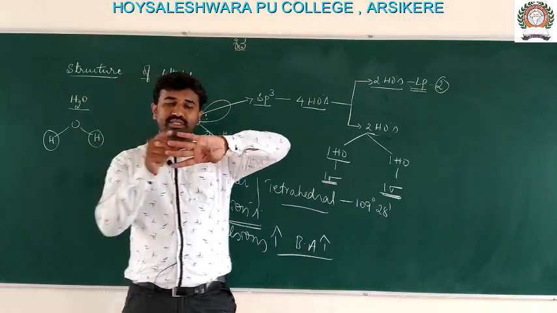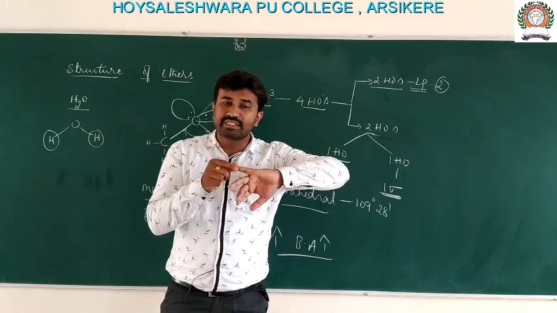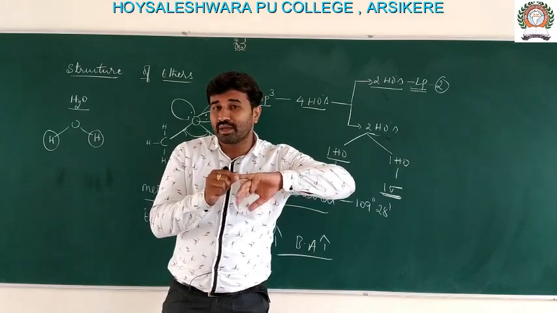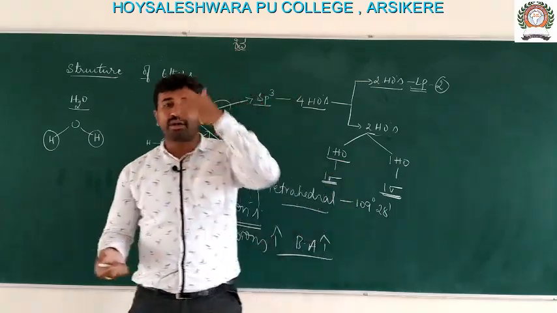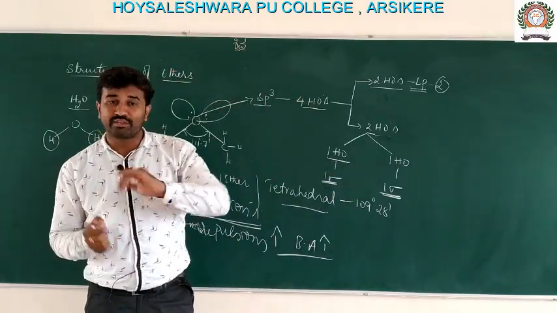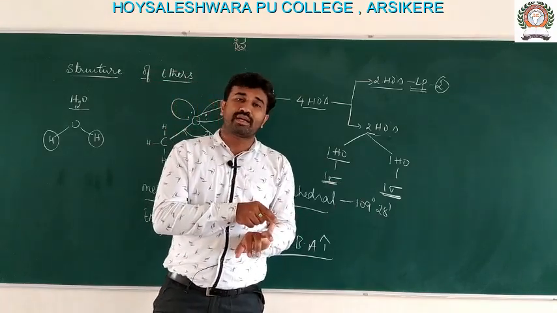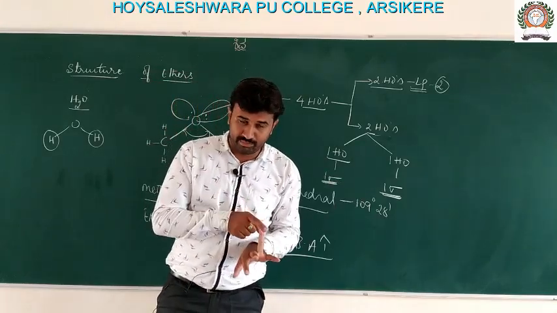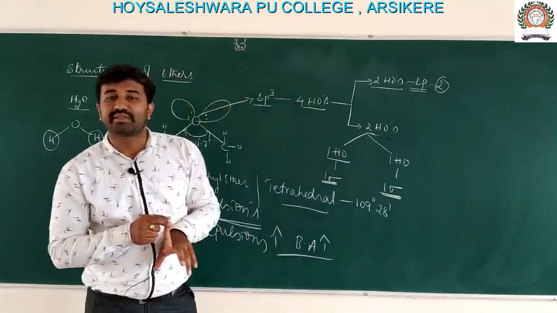Among butyl, propyl, ethyl and methyl, which is the bulkier group? Butyl is the bulkier group. Therefore, repulsions are more and the bond angle is also more. Therefore, dibutyl ether has a bond angle greater than that of dipropyl ether, followed by diethyl ether, followed by dimethyl ether.